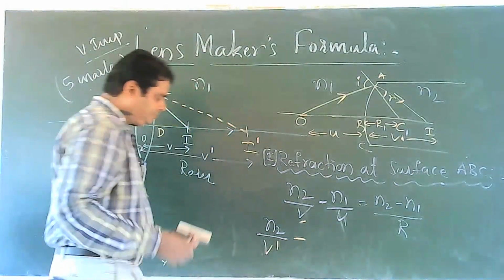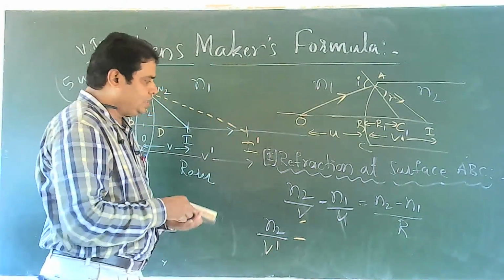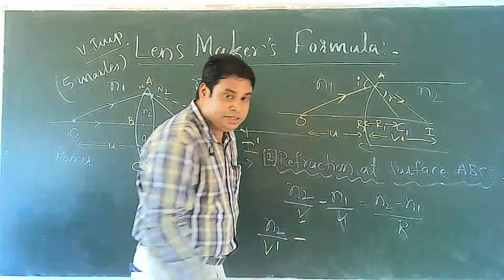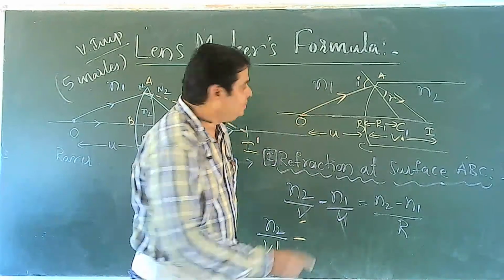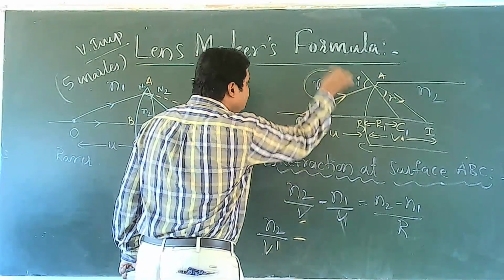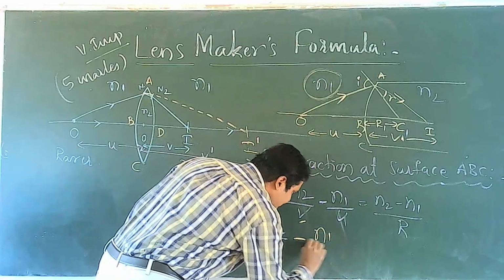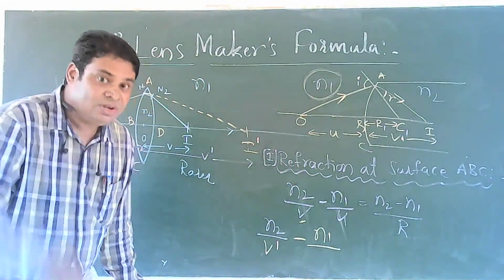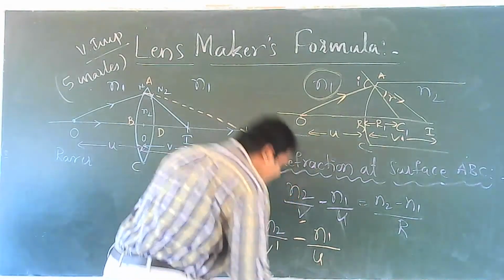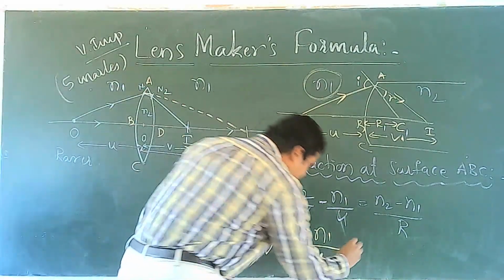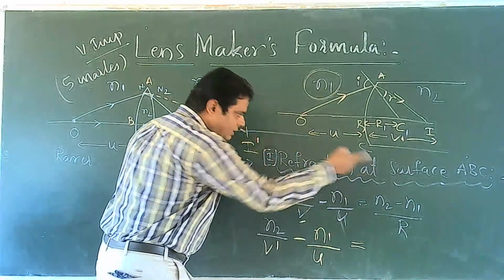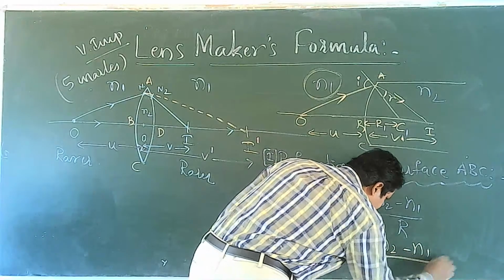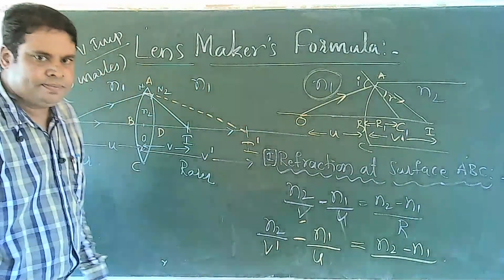Okay. Now minus. What next? Refractive index of object space, where object is situated according to our formula. This is refractive index of object space, say n1, divided by object distance. What is object distance? u, which is equal to n2 minus n1. As before, you write directly n2 minus n1. Visible? Yes.